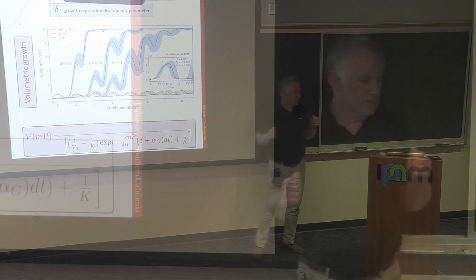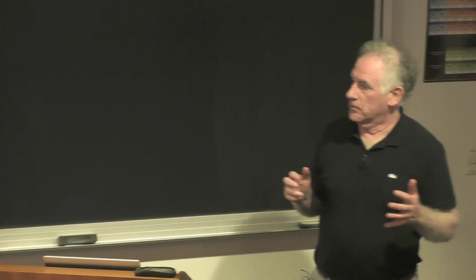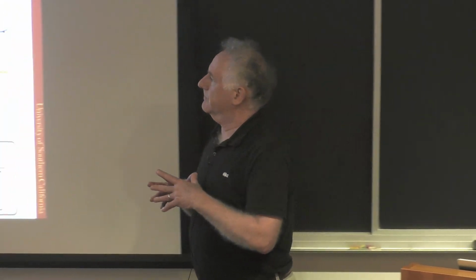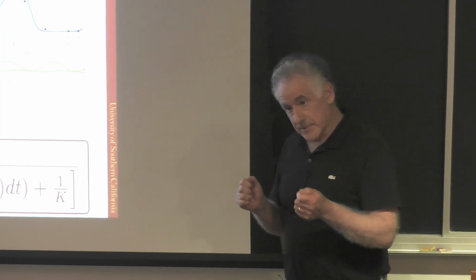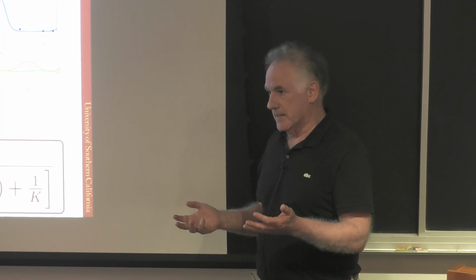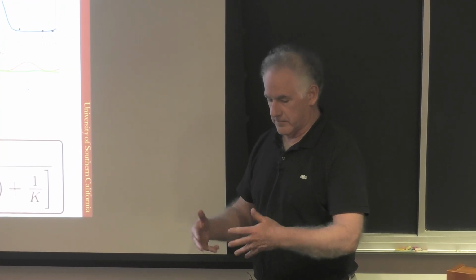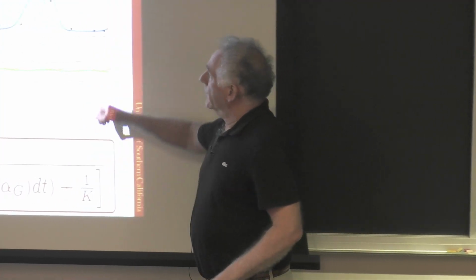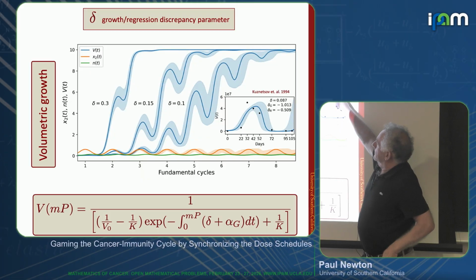It's very difficult to get good data that not only tracks the volume of a tumor, of which there are tons of papers, but at the same time tracks the immune system response in the same person or mouse, because you need to know the phasing. Well, here, 1994, nice paper.